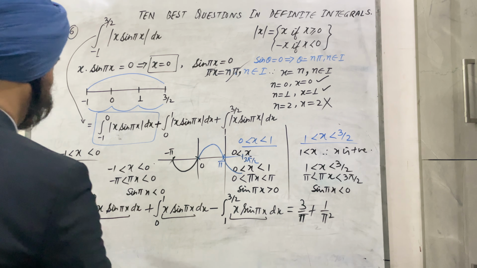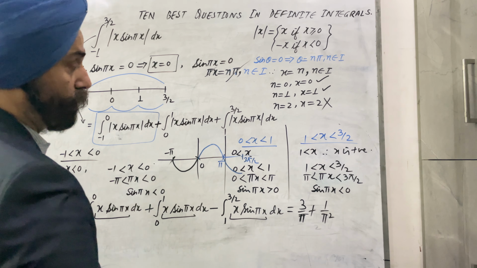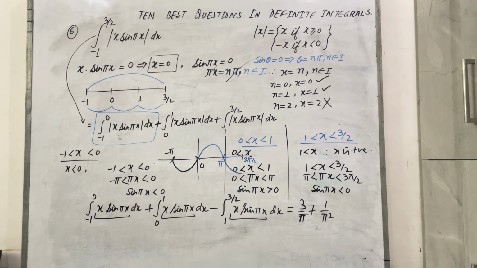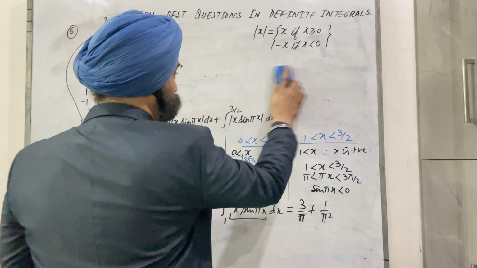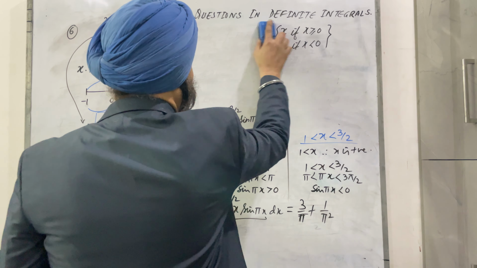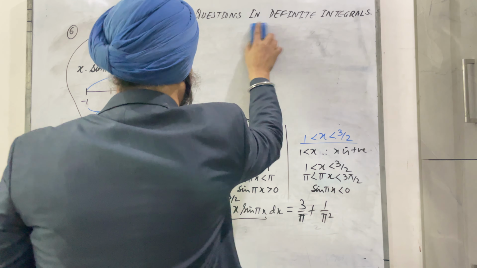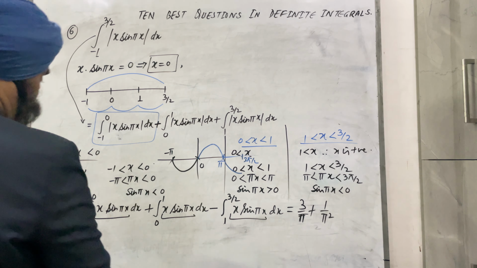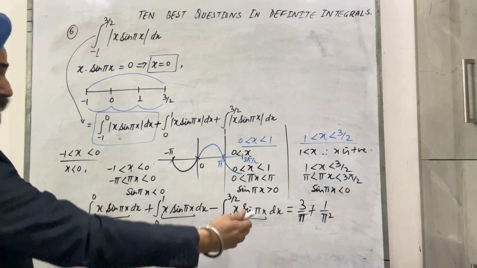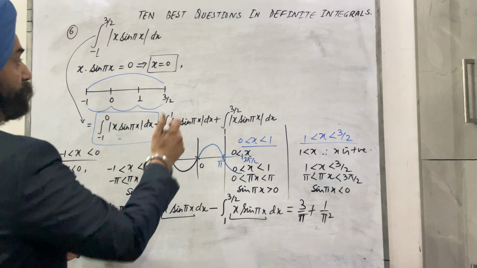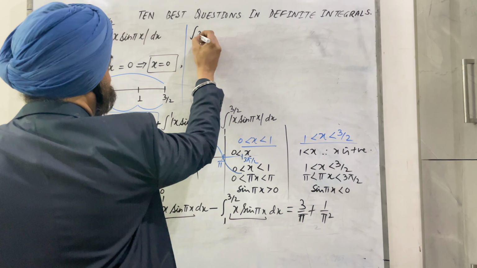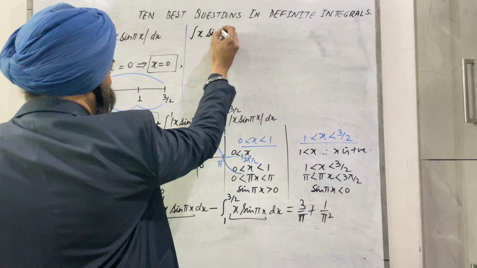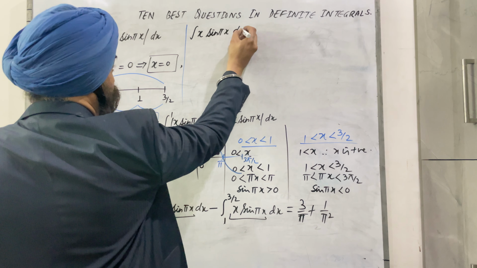Now if we have to integrate, let me tell you quickly how exactly we can integrate this thing. It is very simple here, but let me again do it for you. I'll expect you to apply the limits on your own, but x sine pi x, if we work out here, so we have integration of x sine pi x dx.